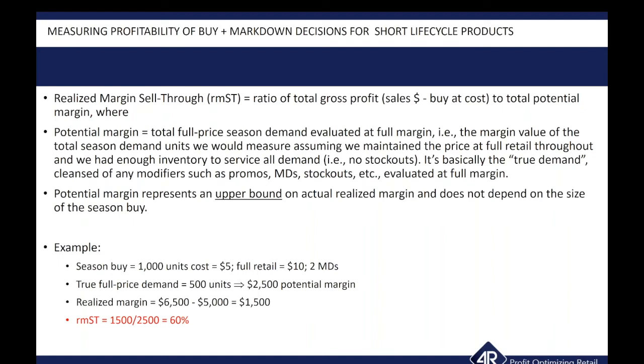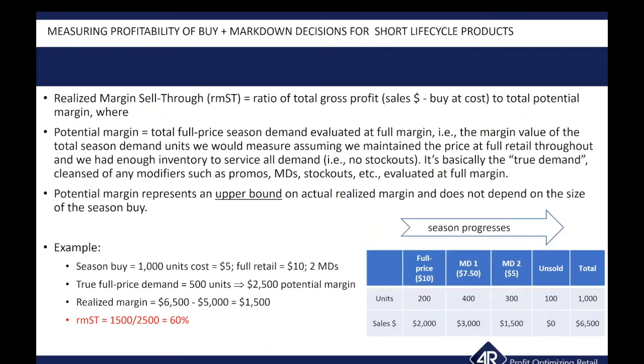Let's say that this is a product that we buy 1,000 units of at a unit cost from the supplier of $5, and we plan on selling it initially for $10. Throughout the season, we start with an initial period where we're able to sell 200 units of the product at full price. Then we take a first markdown at $7.50, and there we sell an additional 400 units.